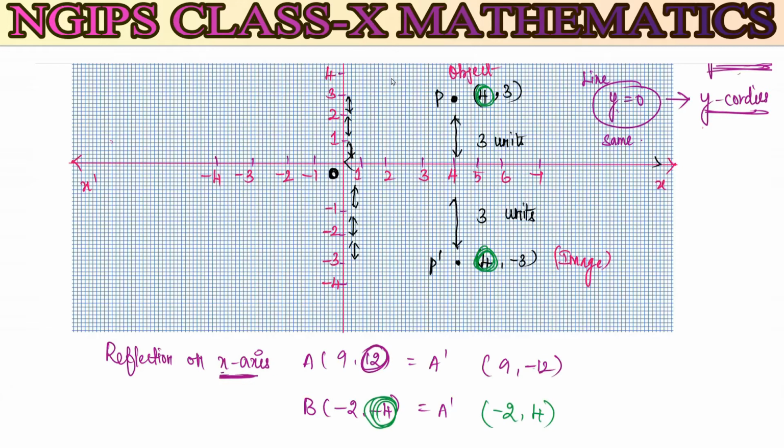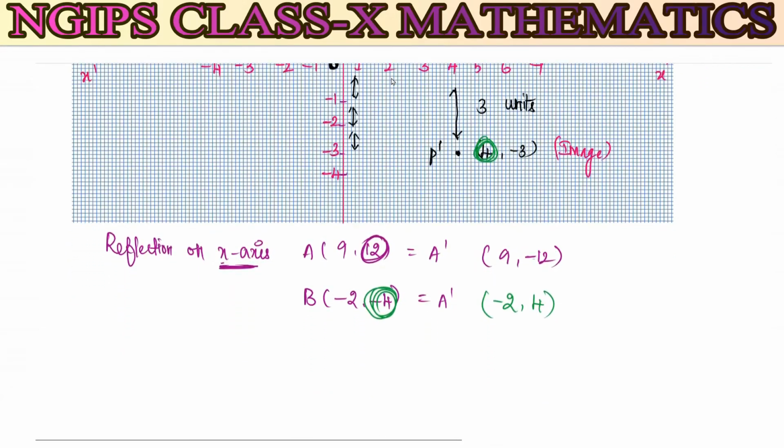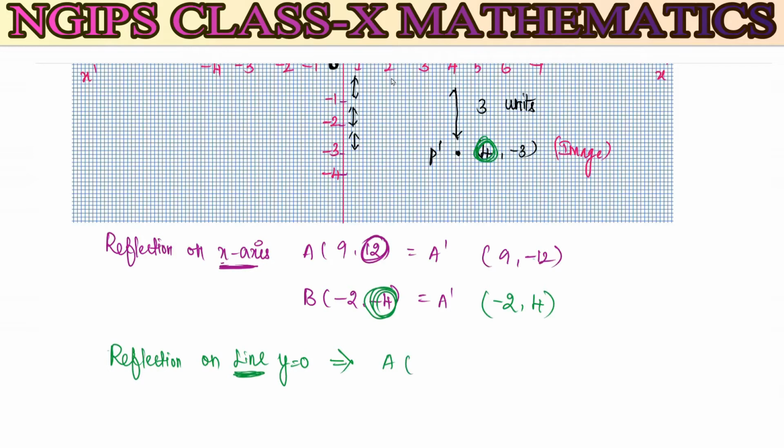Now here same, when you look at this reflection on line y is equal to 0, the very important word here is line y is equal to 0. When it is y is equal to 0, for example, if you have A is equal to 2 comma 3, this is a line. So when it is a line, the same you have.